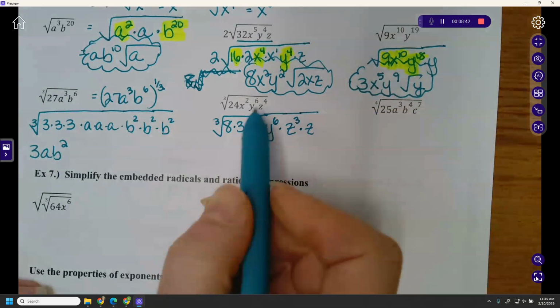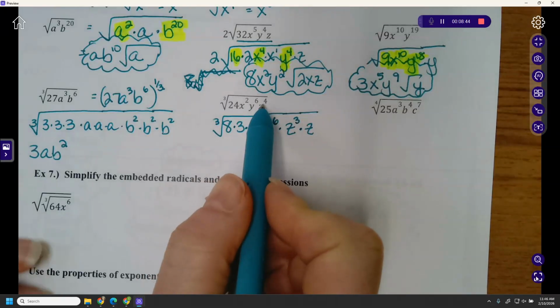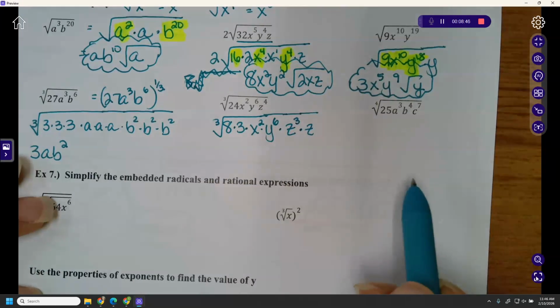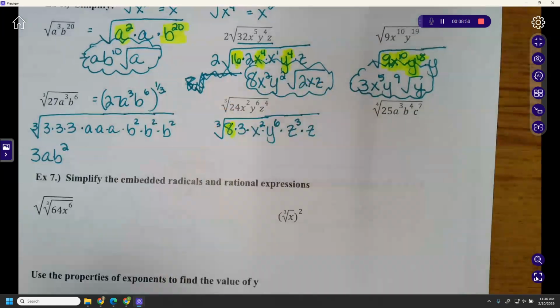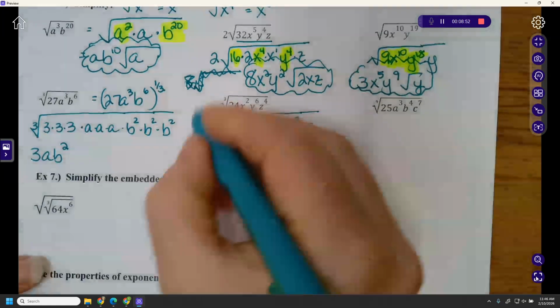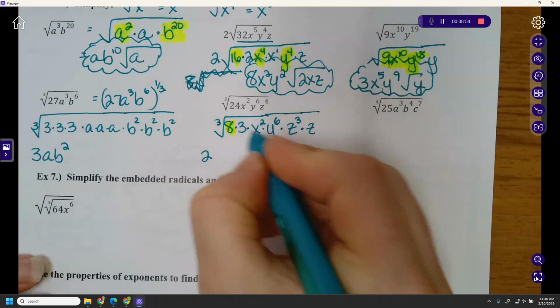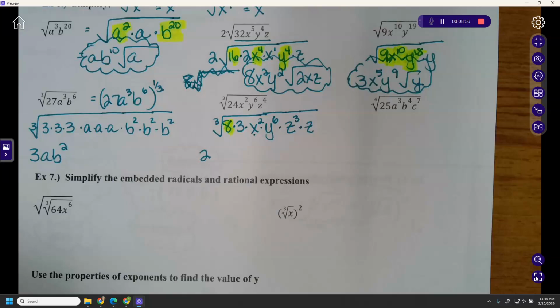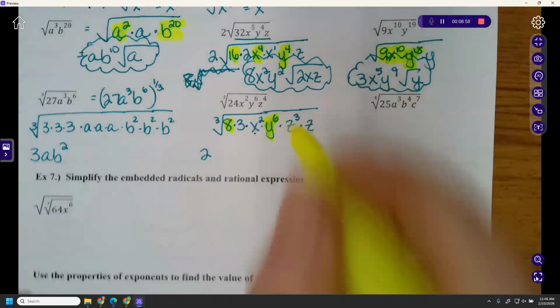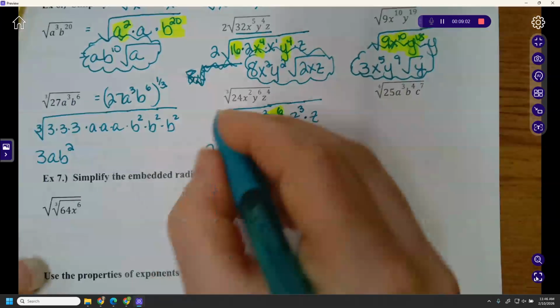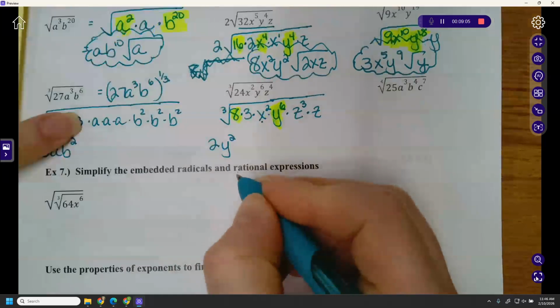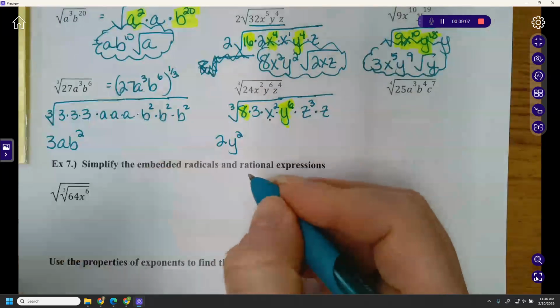So I'm looking to make these, instead of even exponents, multiples of 3, because that's what I'm going to be able to take out. So the cube root of 8 is 2. 3 stays under. Can't do anything with this. The cube root of y to the 6 is y to the 6 divided by 3. That's y squared, or think of it as y squared times y squared times y squared is y to the 6.